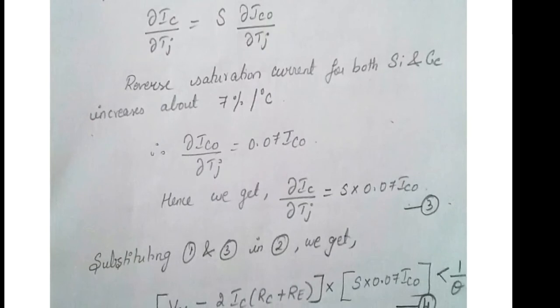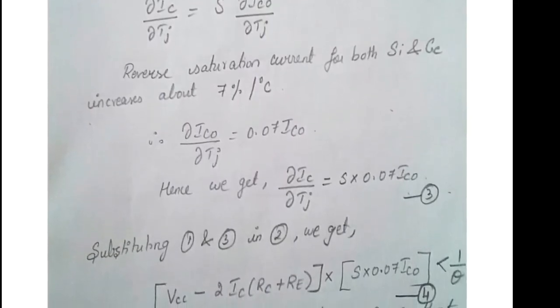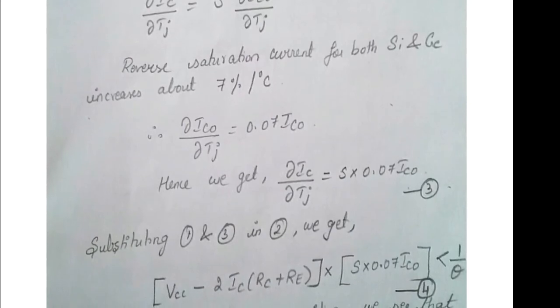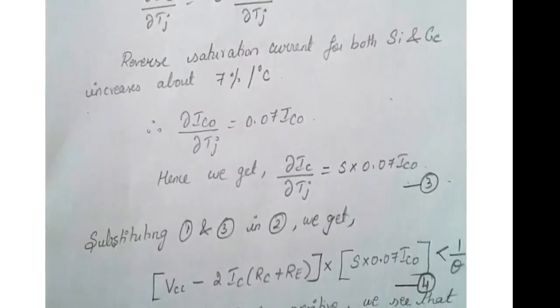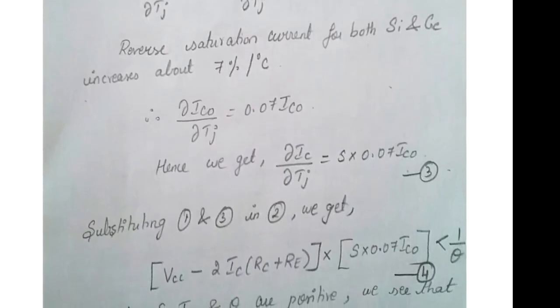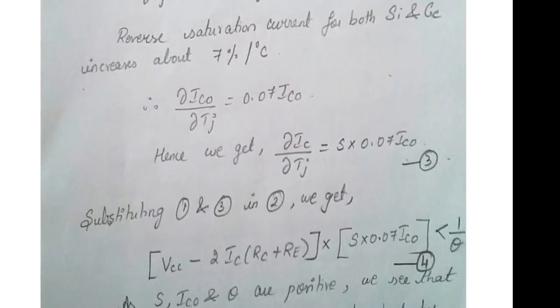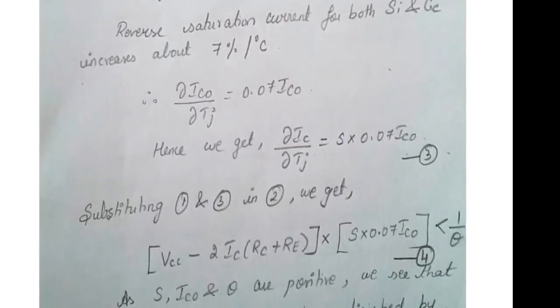By substituting this third equation and the first equation in equation 2, we get VCC minus 2IC into RC plus RE, into S into 0.07 IC naught, which is less than 1 by theta. This is the fourth equation.